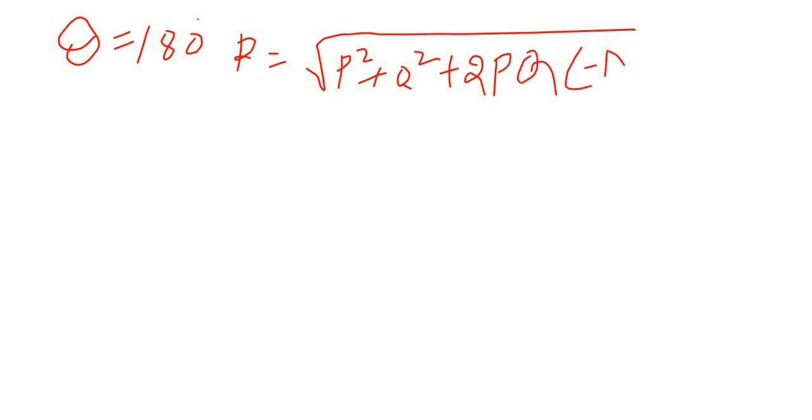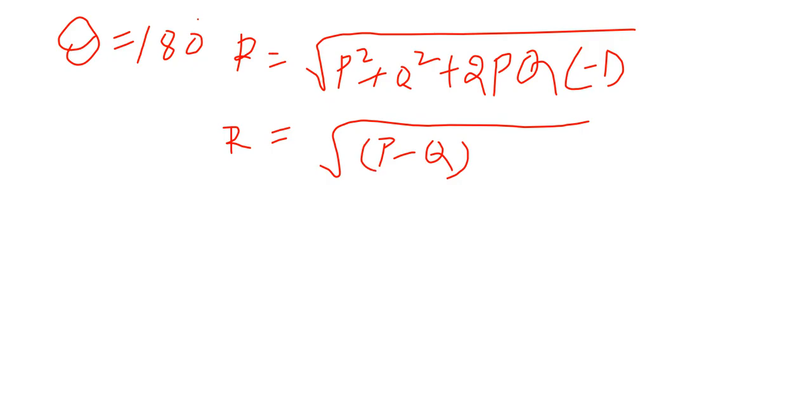So R is root over P minus Q whole square. So R is equal to P minus Q.